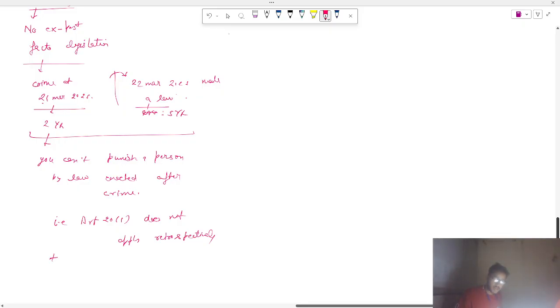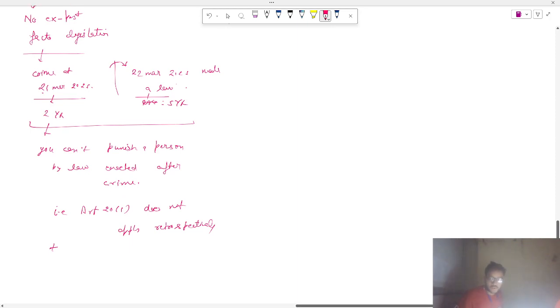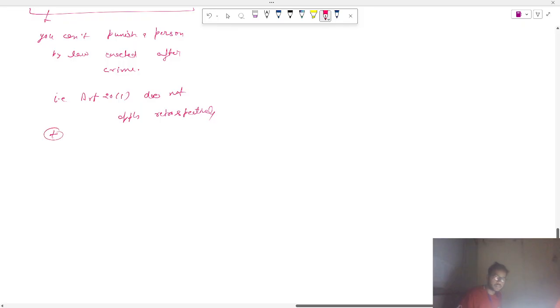Also, Article 21 says one more thing: no person shall be convicted of any offense except for violation of a law in force at the time of the commencement of the act charged as an offense, nor be subjected to a penalty greater than that prescribed by the law. So basically it also states that you can't give punishment greater than the existing law.